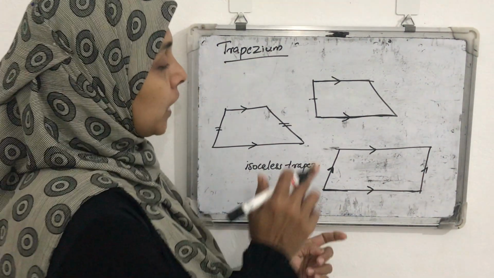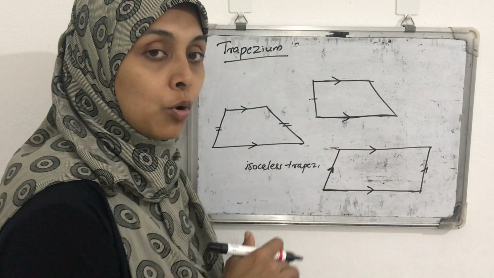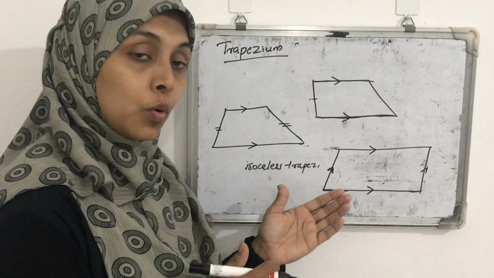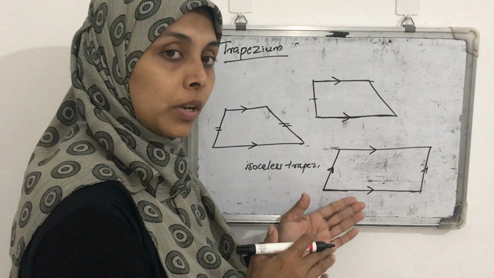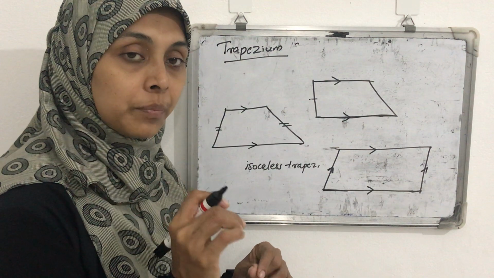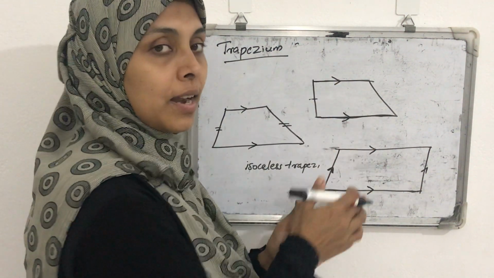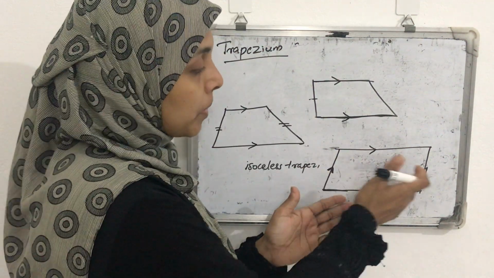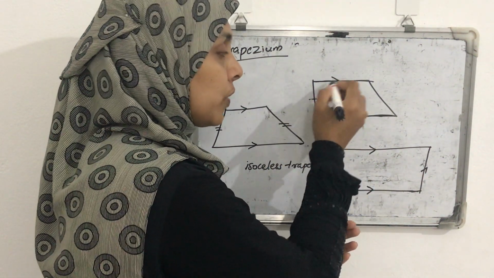Now one thing: is this parallelogram a trapezium or not? Will it be included in the set of trapezium or not? Yes, all parallelograms are trapeziums, because what is the condition for a trapezium? It needs only one pair of parallel lines. It has two pairs of parallel lines anyway, so it is included in the concept of trapezium.